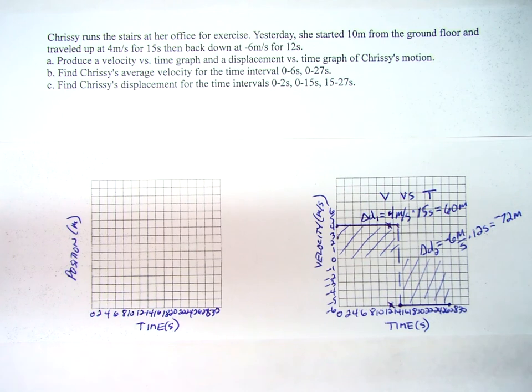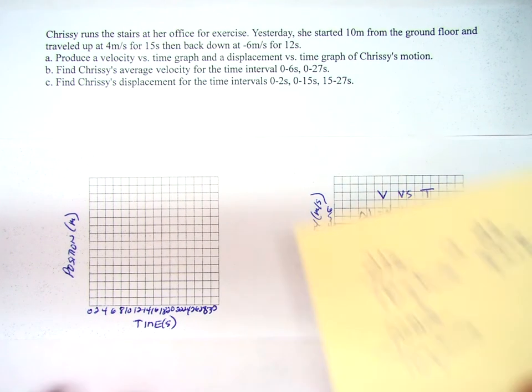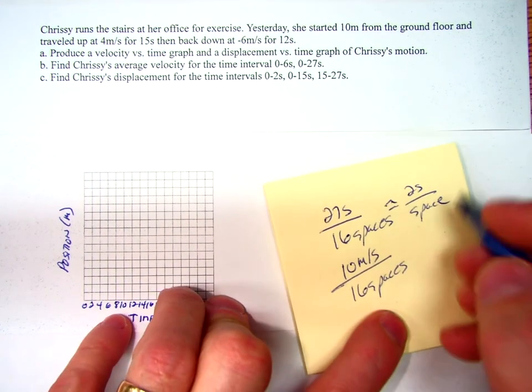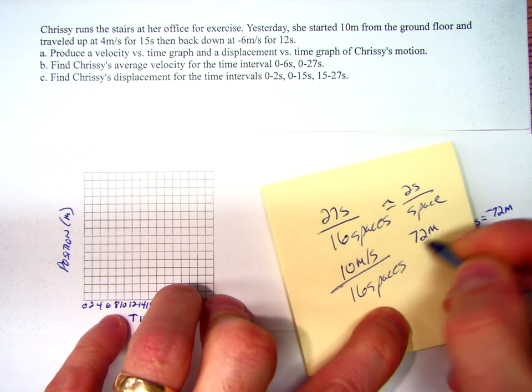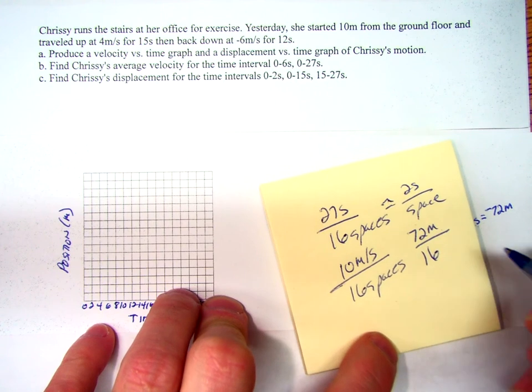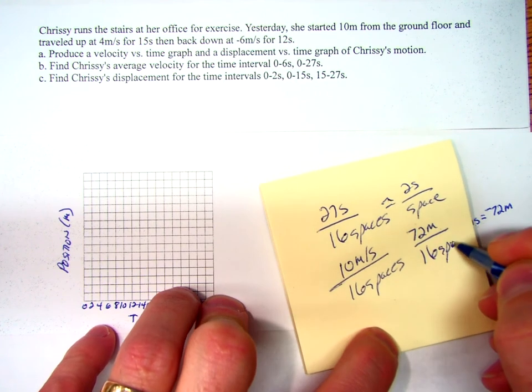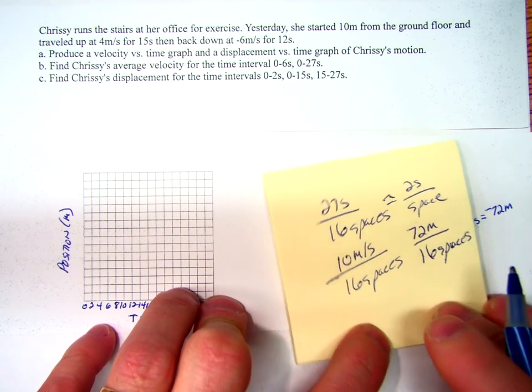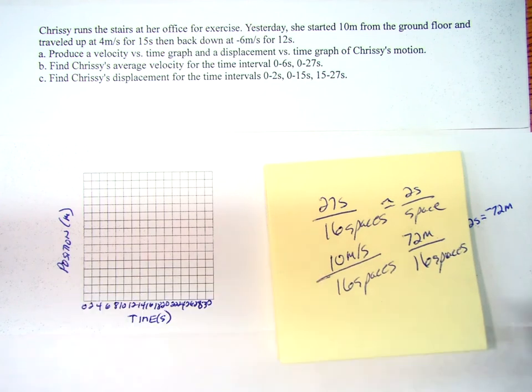Okay? So, again, we're going to figure out our increments. We have 72 meters, and in my case, I'm dividing that by 16 spaces. That's going to go in a little more than 4 times, so I'm going to round that to a 5.